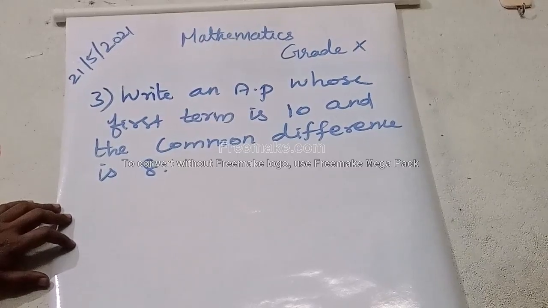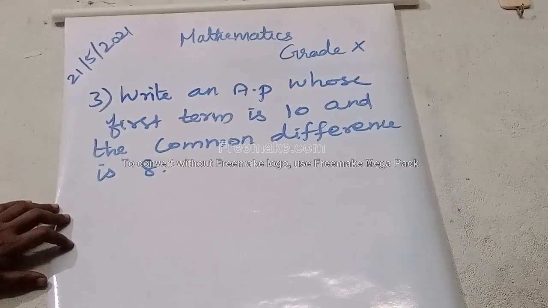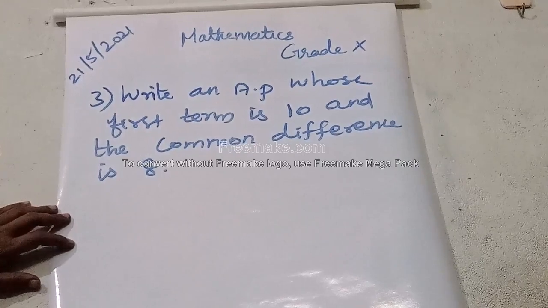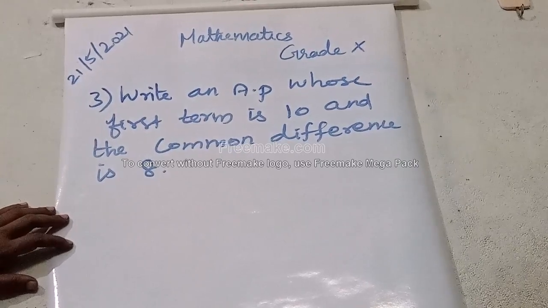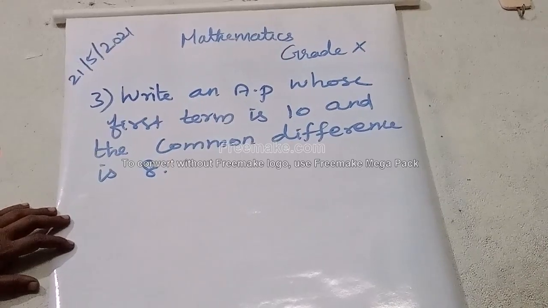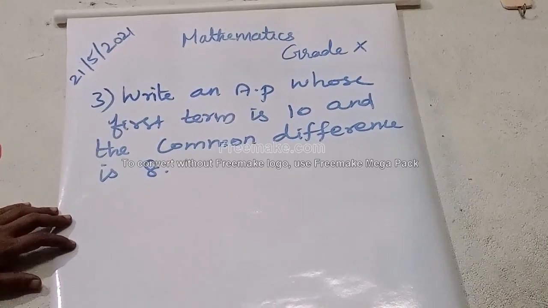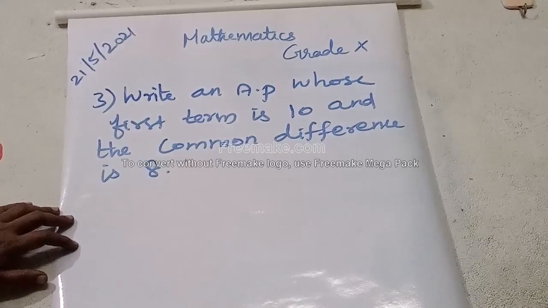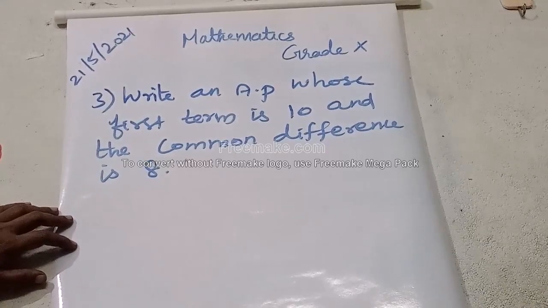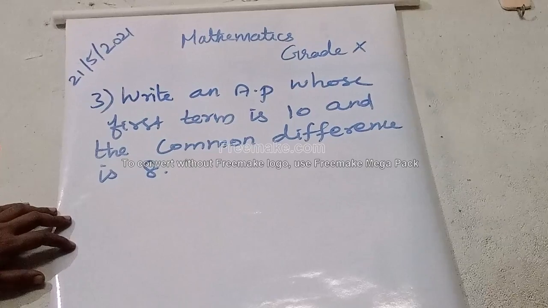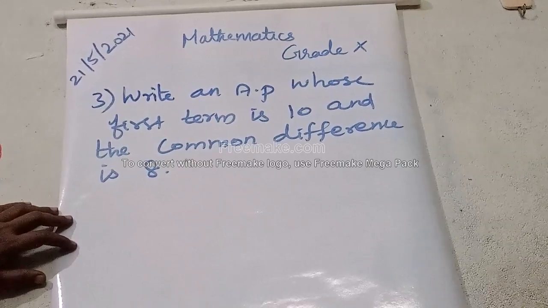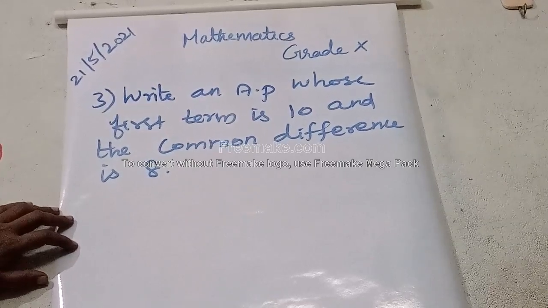So here what formula we have to use? Today I taught you two formulas: the general form of an AP and the general term of an AP. What is the formula for the general form of an AP? Do you remember? A comma A plus D comma A plus 2D comma A plus 3D comma etc. That formula we have to use here.